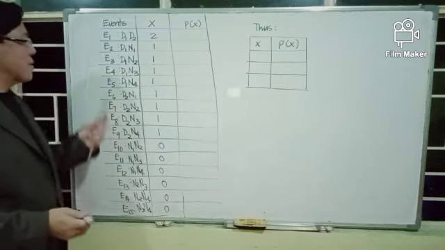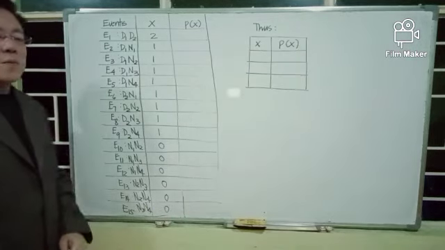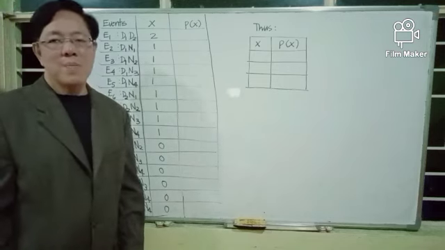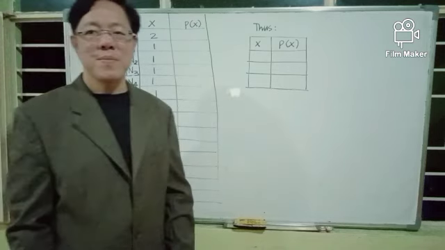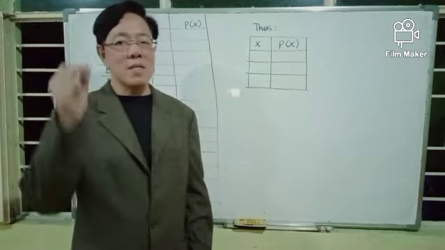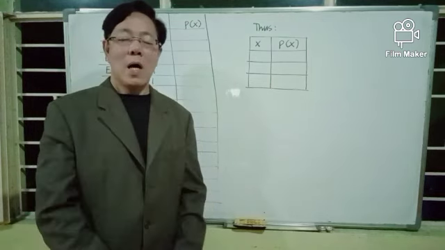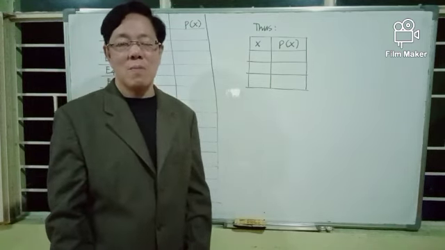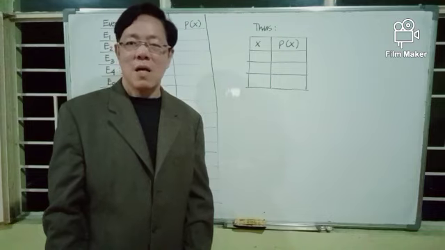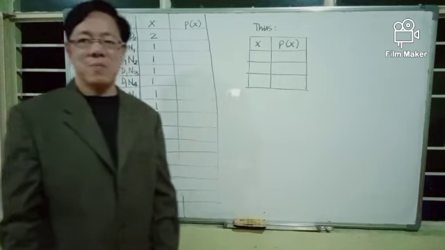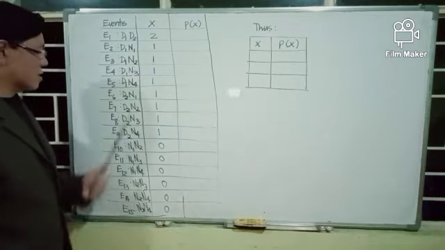These are the 15 ways by which the customer can select two appliances at random from 6 appliances, of which 2 are defective, and we call these events.